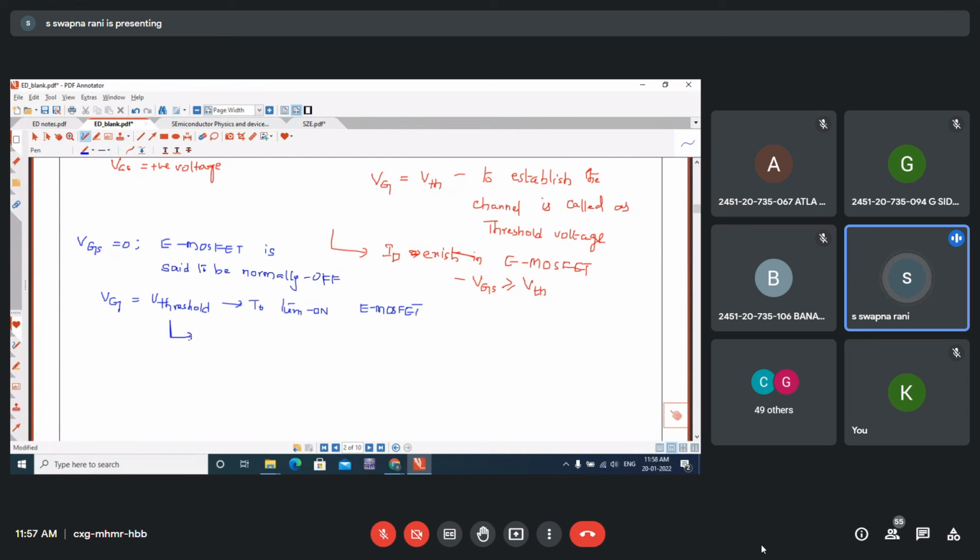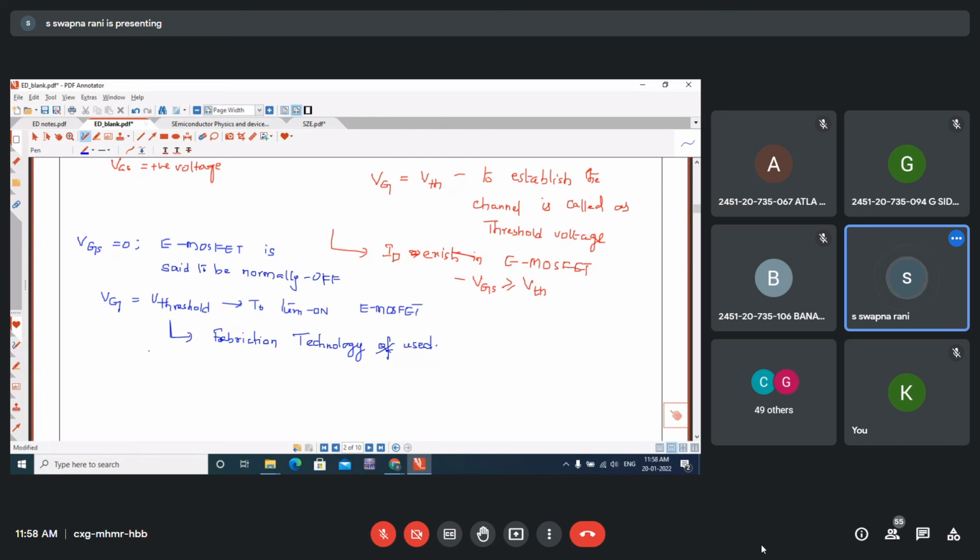The value of the threshold voltage depends on the fabrication technology used.